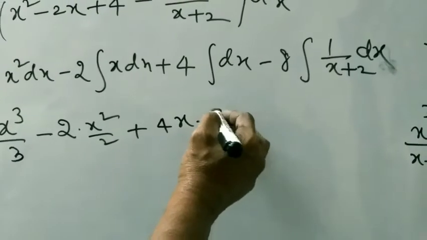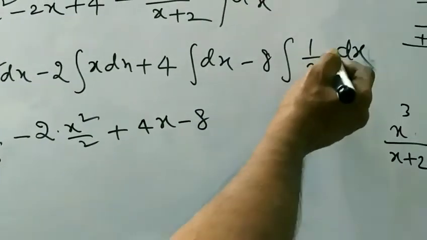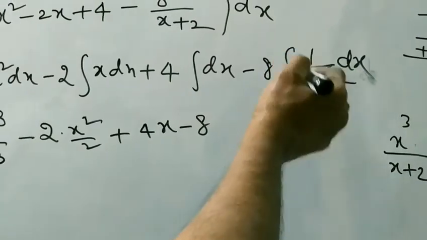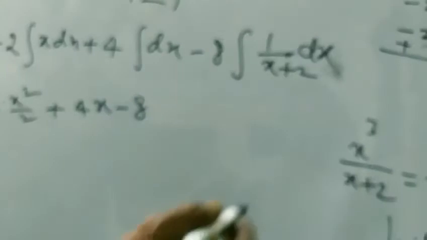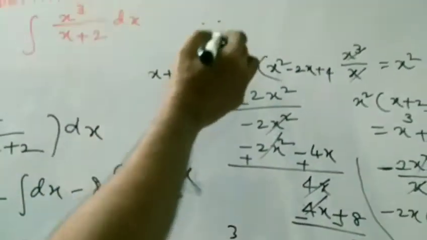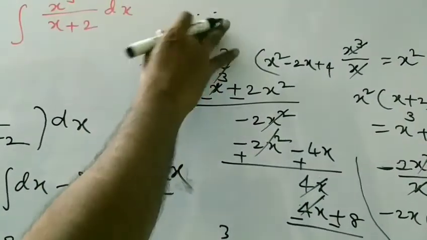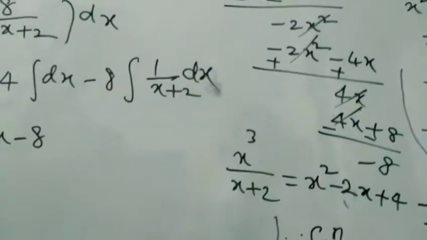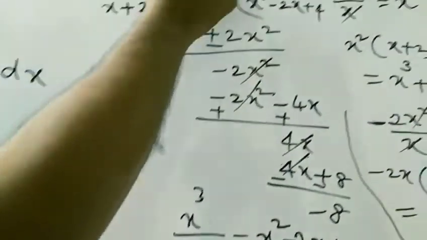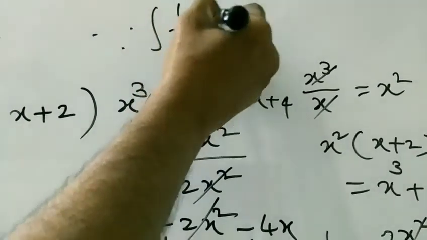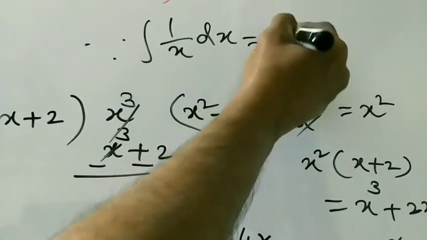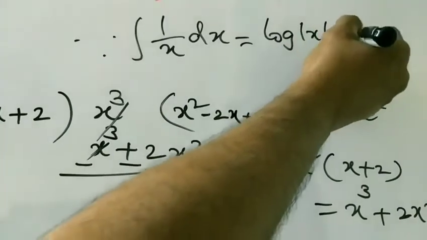Minus 8 into the integral of 1 by x plus 2. Since we know that the integral of 1 by x dx is equal to log mod x plus c.